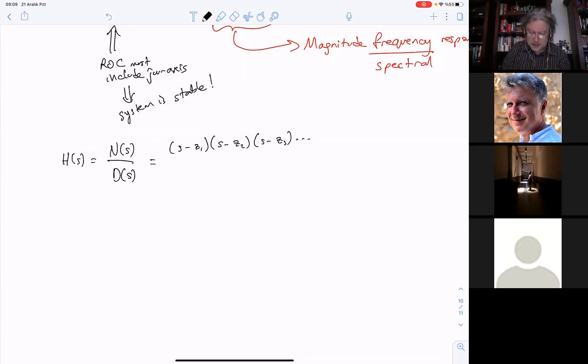In the numerator, and down in the denominator we have, these z1, z2, z3 are the zeros, of course, because when s is equal to z1 or z2 or z3, the numerator becomes 0.